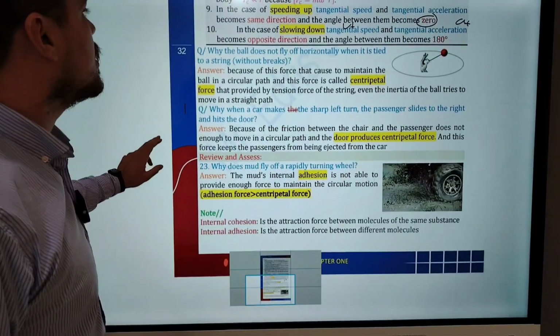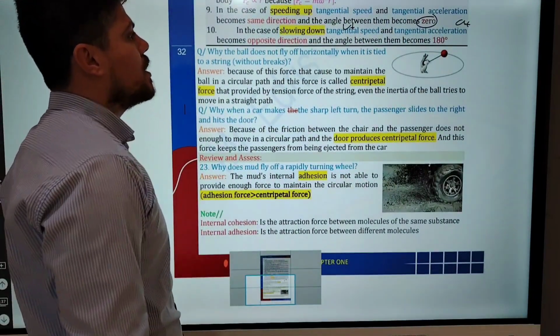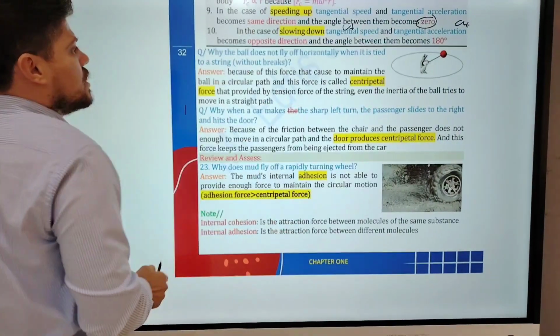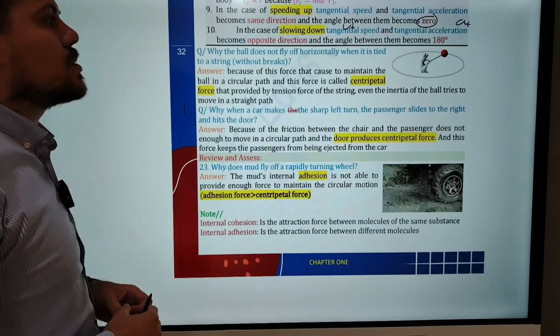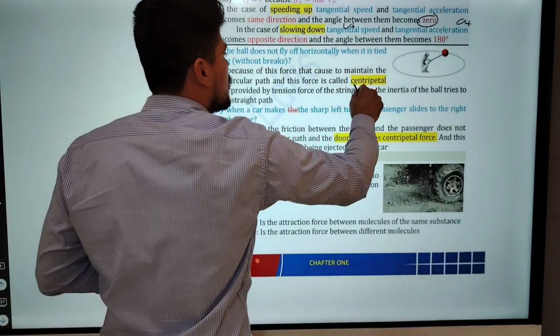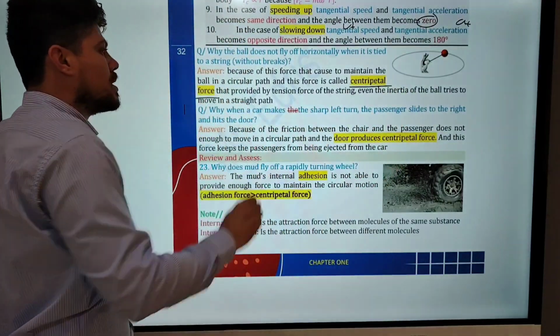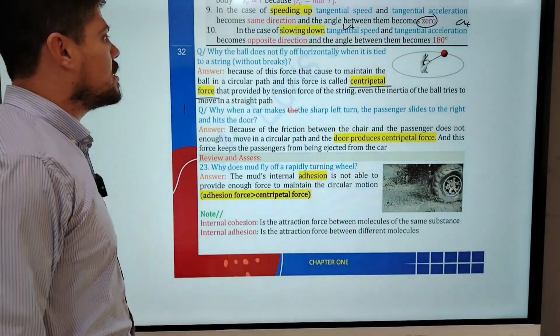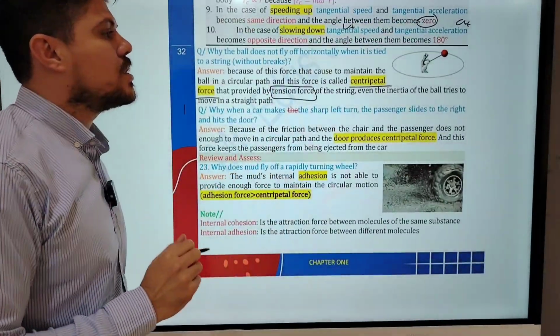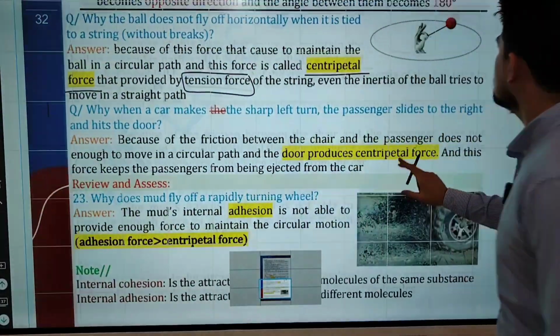So why doesn't the ball fly off horizontally when it is tied to a string, or without brakes? The answer is because of the force that maintains the ball in a circular path, and this force is called what? The centripetal force. This centripetal force is provided by what?